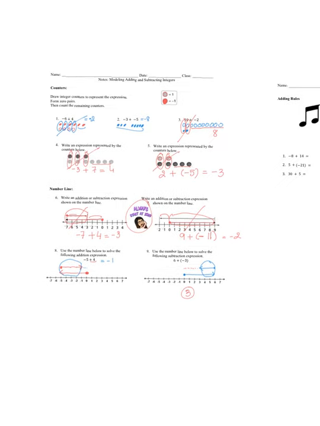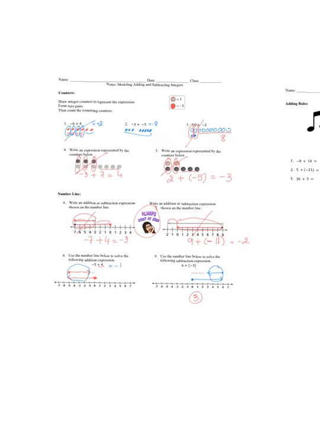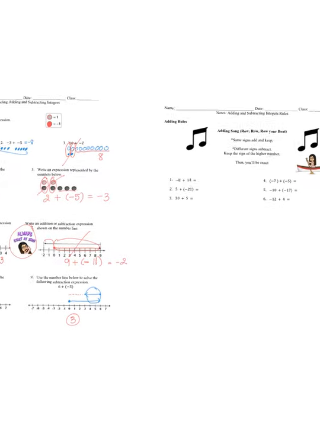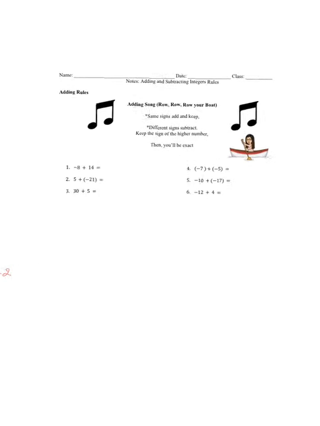After we model using counters and number lines, we come up with the rules. We have the adding song, to the tune of Row, Row, Row Your Boat. You sing it, and then we just use these rules to do math.